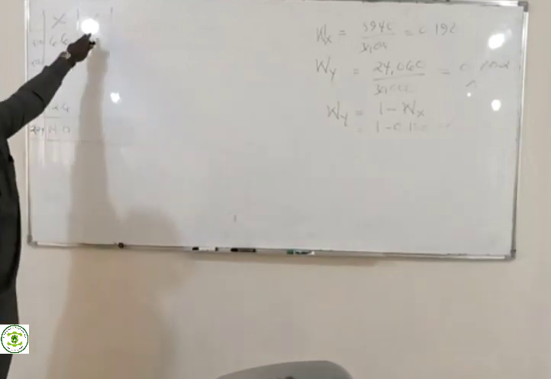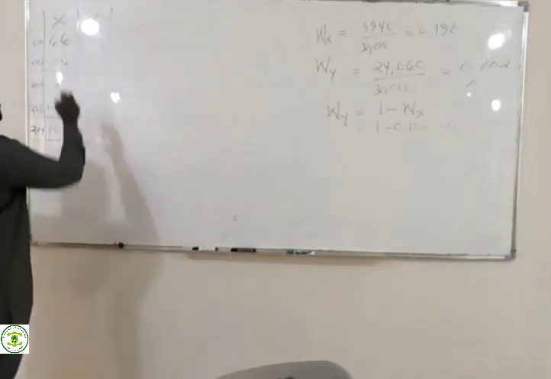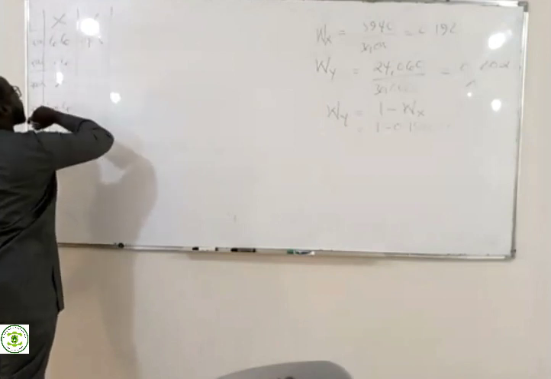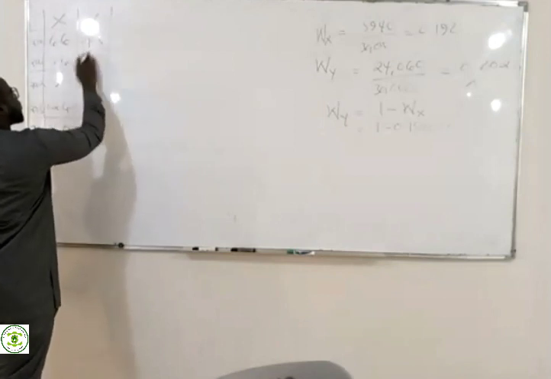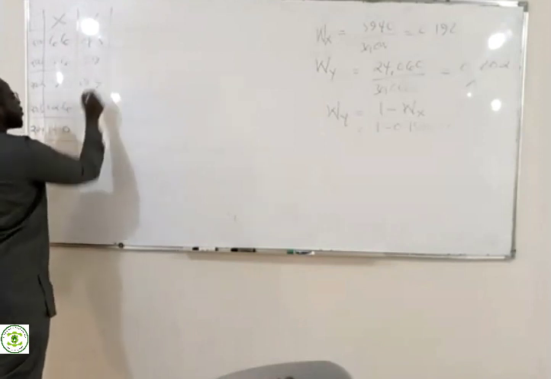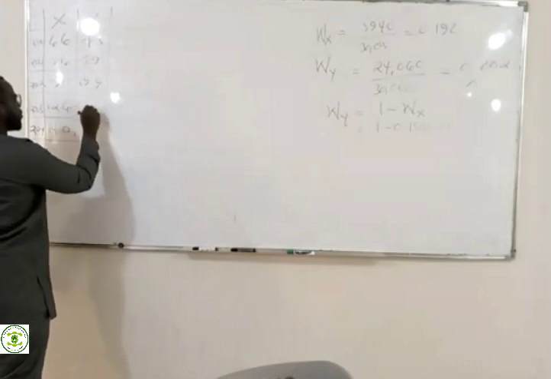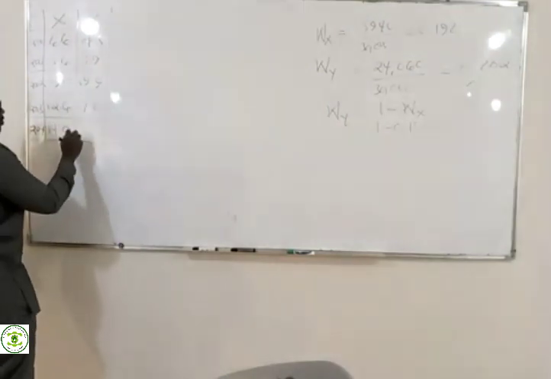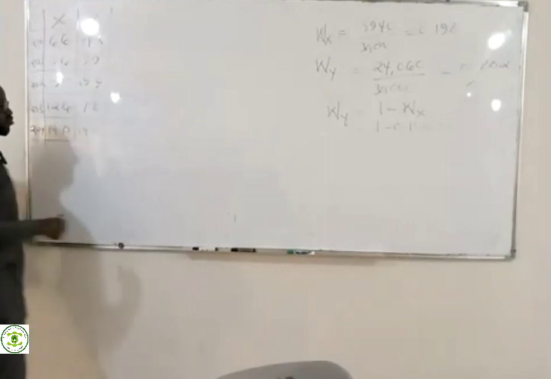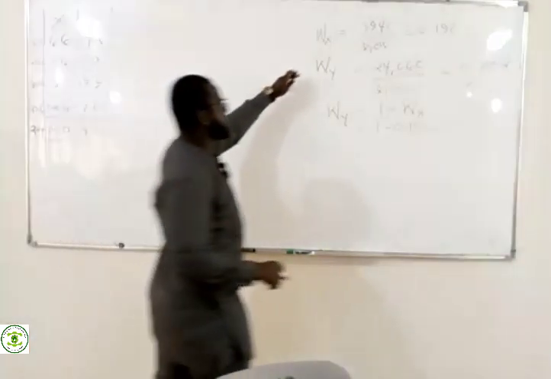And then Y will be 24.5, minus 5.9, 19.9, minus 7.8, 14.8. That's good.